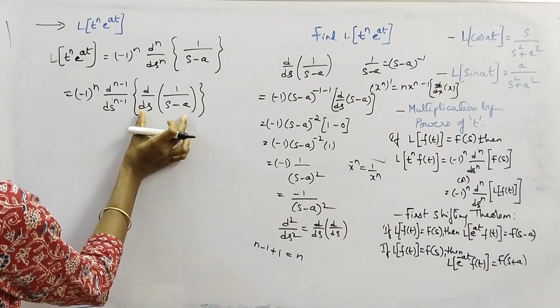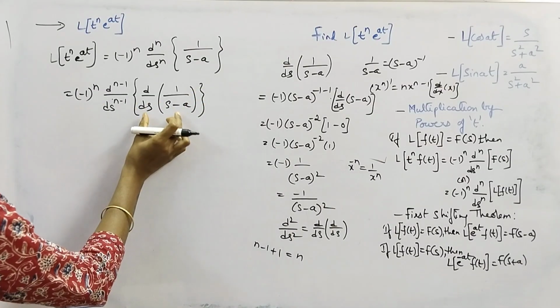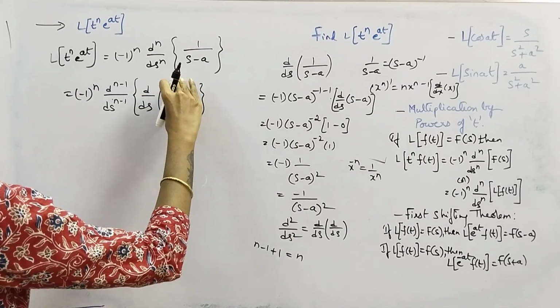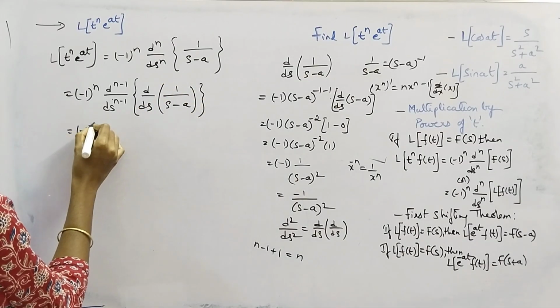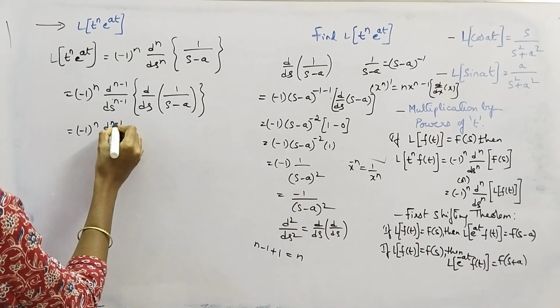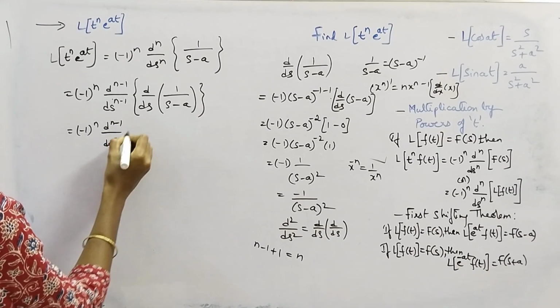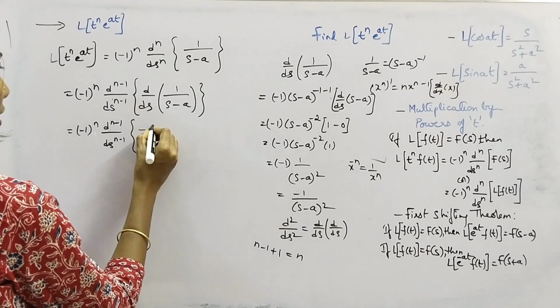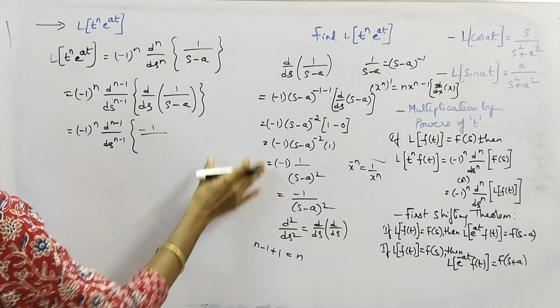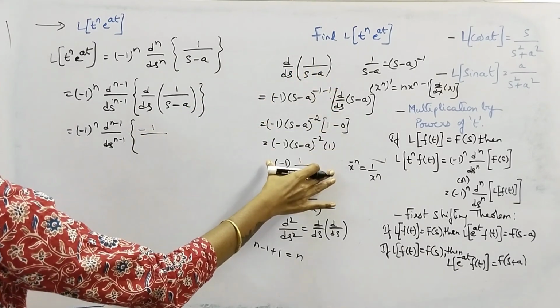So first we'll begin with the first derivative. Here we'll find the first derivative of (s minus a) to the power n minus 1, which is d^(n-1)/ds^(n-1) of the derivative of 1 by s minus a. I'll do it directly here, instead of using all these steps.